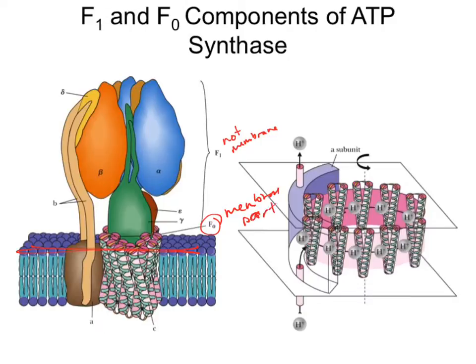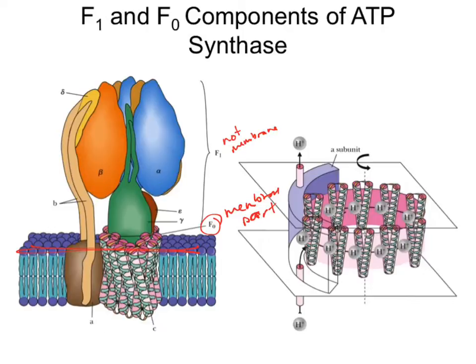What things could we use to describe the membrane part and the non-membrane part? The membrane part has a large percentage of hydrophobic amino acids because it needs to be in the membrane, which is largely hydrophobic. The amino acids in the non-membrane part will probably be hydrophilic because they need to associate with the surrounding aqueous environment, inside the mitochondria.